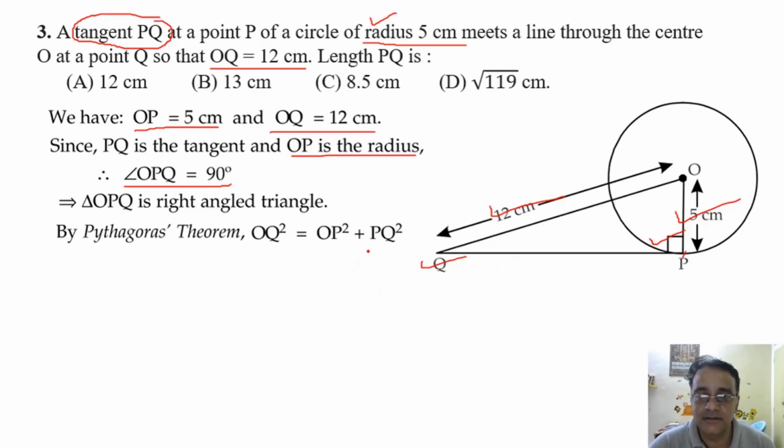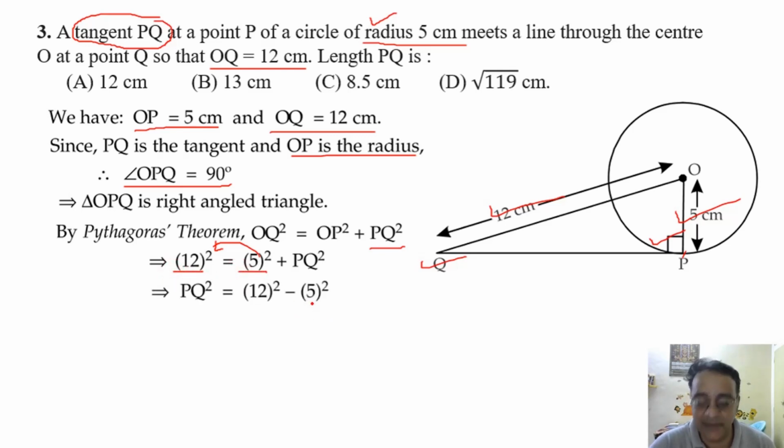So first we substitute, then shift terms. 12 square equals 5 square plus PQ square, and 12 square is 144, 5 square is 25. So we get 12 square minus 5 square, that is 144 minus 25. How much is 144 minus 25?